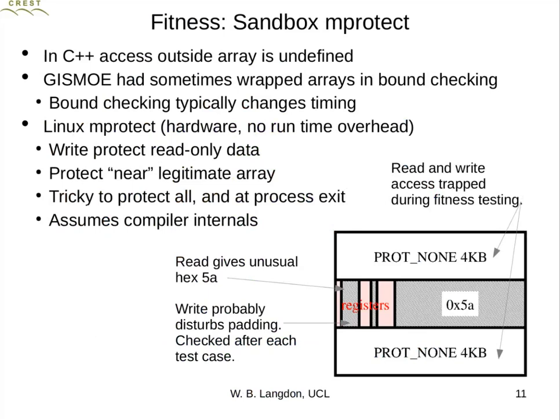The idea is that if the mutant tries to read before the beginning of an array, it will go into these buffer zones, which are labeled PROT_NONE, which will cause a hardware segmentation fault, and therefore the testing of the mutant will stop with a very poor fitness value. It's not totally foolproof, but it does seem to catch many things.